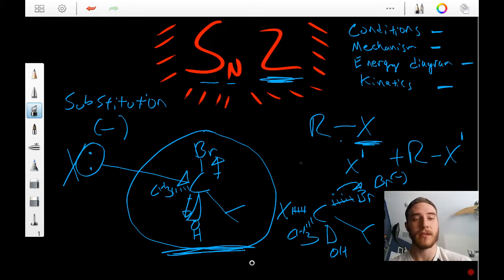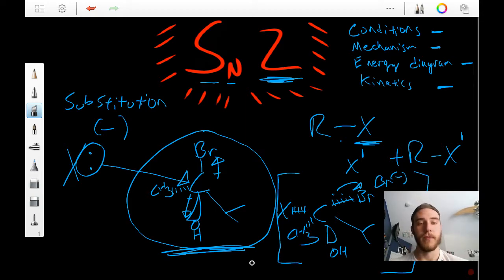In this transition state, which we'll denote by these brackets, the electrons forming this bond bond more strongly to the carbon, which causes the electrons in this bond to go away to the bromine, so that carbon retains its octet of having only 1, 2, 3, 4, 5, 6, 7, 8 electrons.